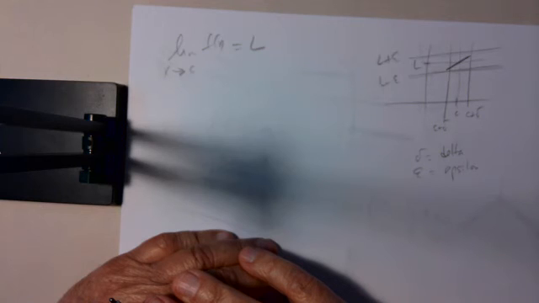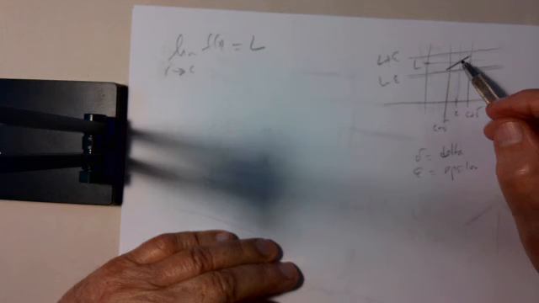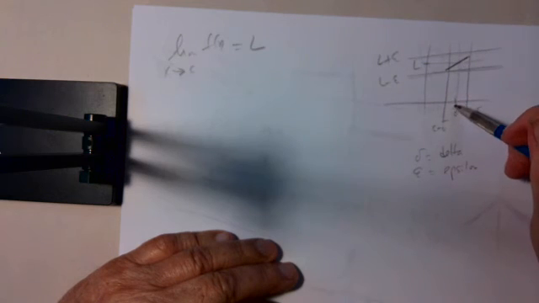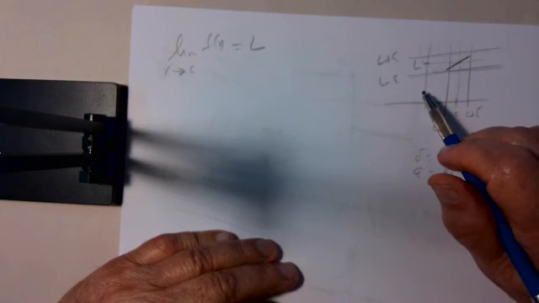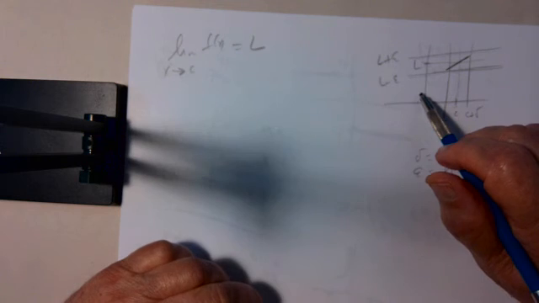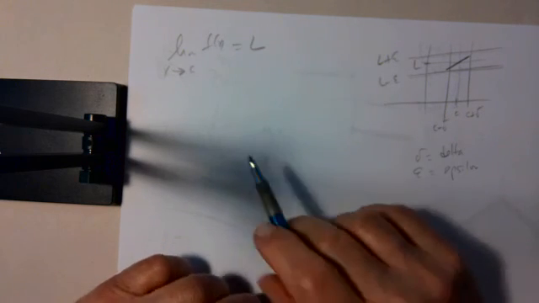And so as you get closer and closer to C, the function gets closer and closer to L. And there is a formal definition.